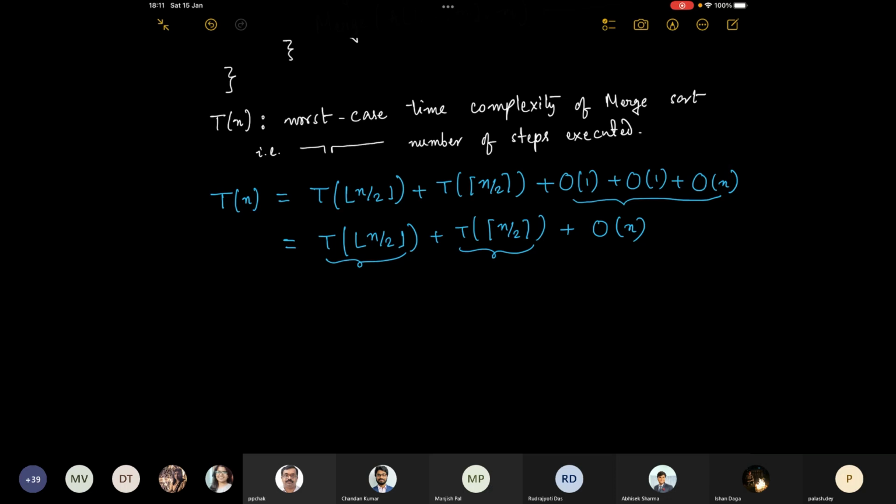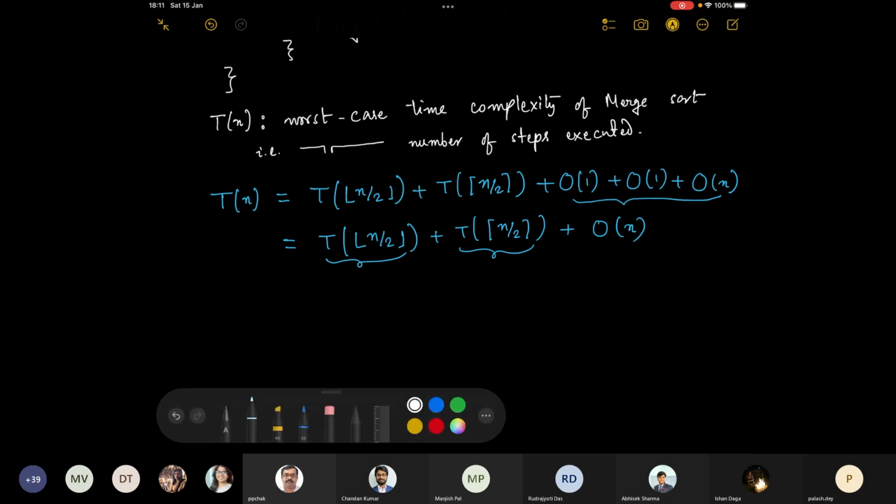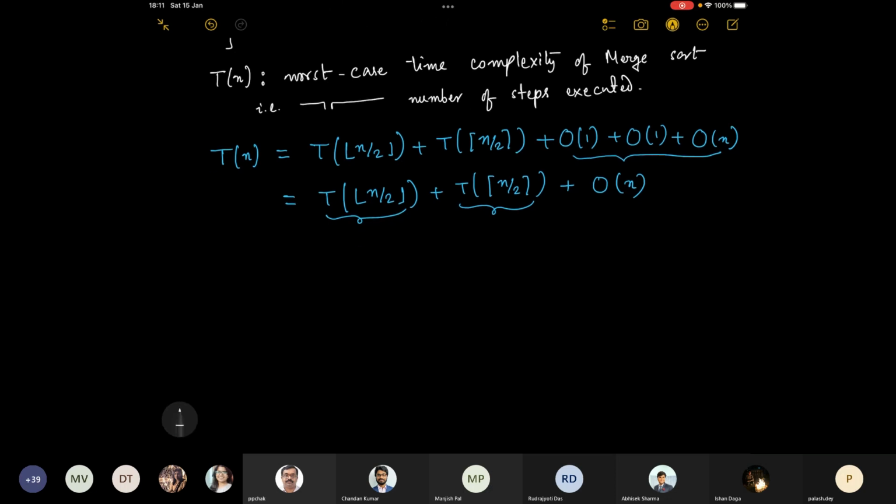Okay, so the most naive approach is unroll. Unroll or expand, simply expand.